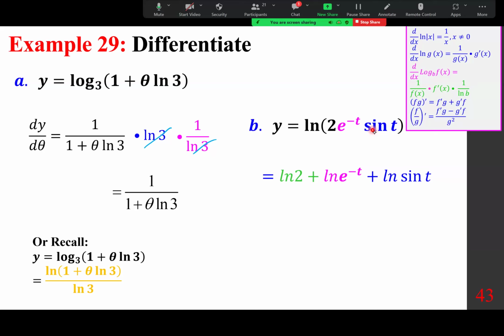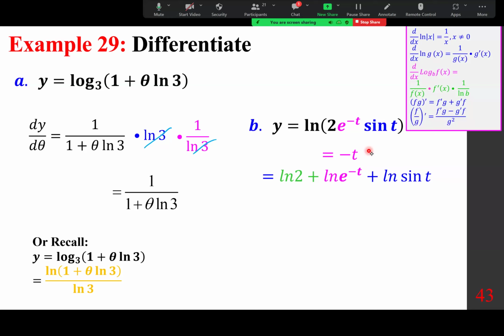So there is one more step. Notice this part is just negative t. ln of e to the power of x is x. ln of e to the power minus t is minus t.